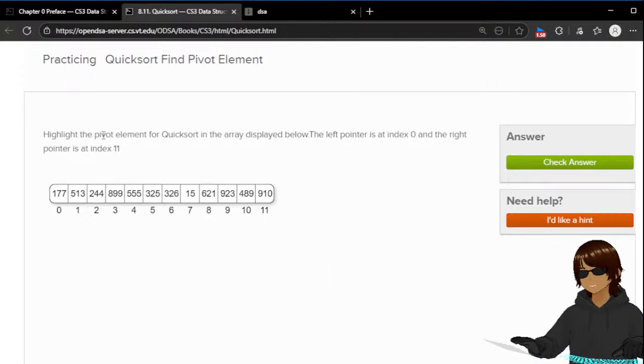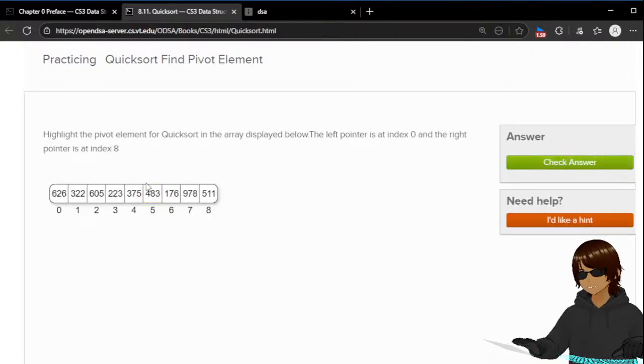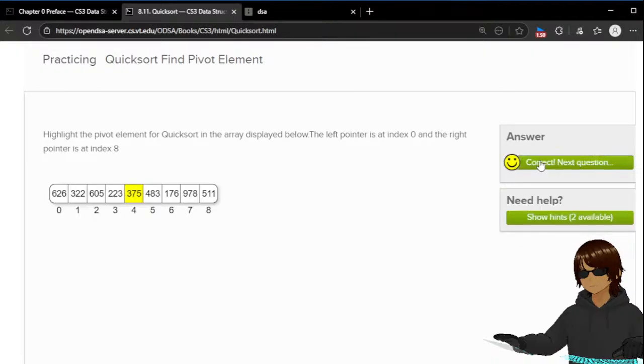Highlight the pivot element for quicksort in the array displayed below. The left pointer is at 0, the right pointer is at 11. So 11 divided by 2 is 5.5, so it will just be 5. 8 divided by 2 is 4.